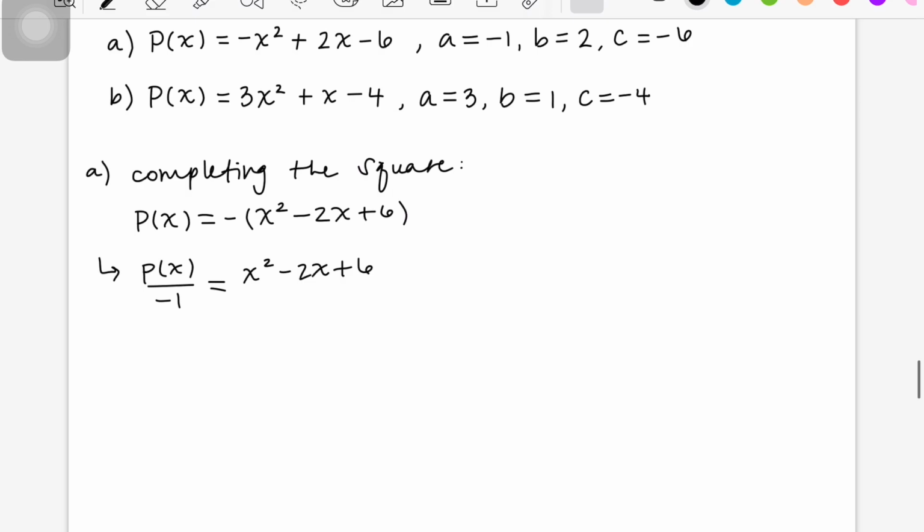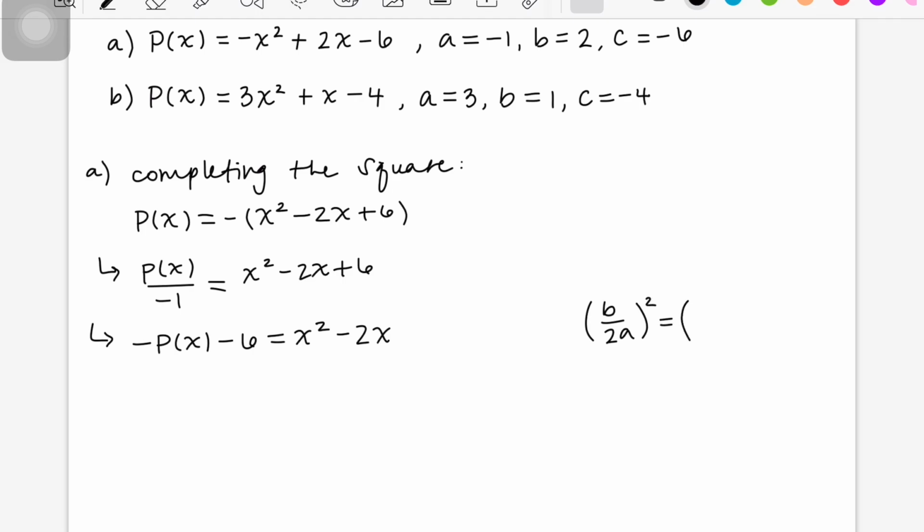Next thing we're going to do is subtract 6 from both sides. So we get minus p of x, because p of x divided by -1 is just minus p of x. Then taking away 6 from both sides, we get this here. Okay. Now the next thing we want to do is add this quantity, b over 2a squared.